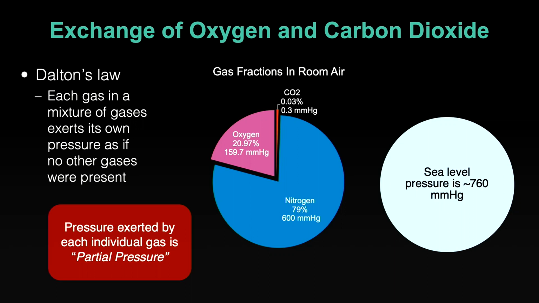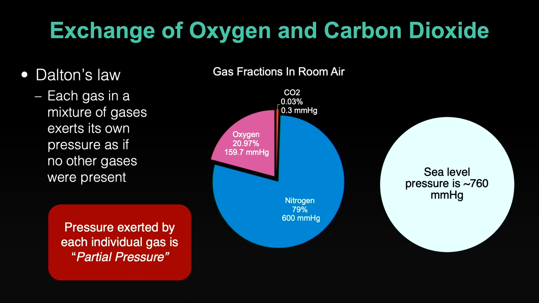So partial pressure is the gradient that we're looking for. And understanding this concept is important to realize why different gases can move in opposite directions. So there's a certain atmospheric pressure in this room, and you already know oxygen tends to move into the body while CO2 tends to move out.